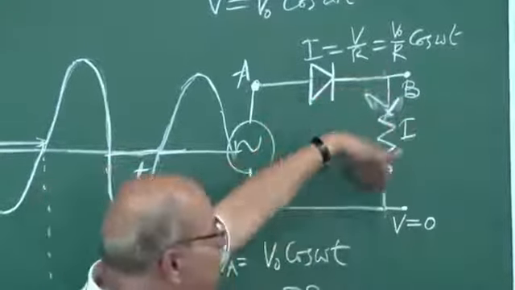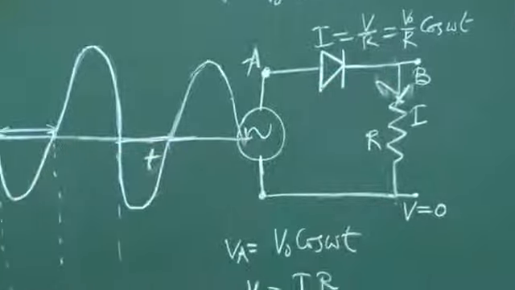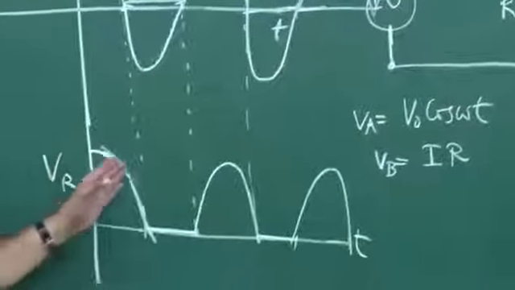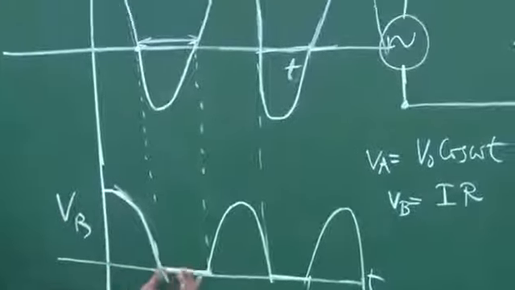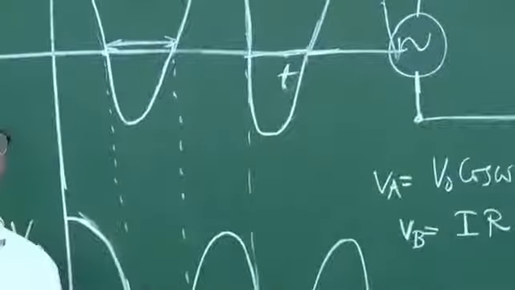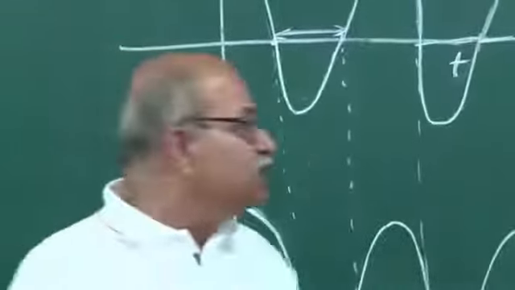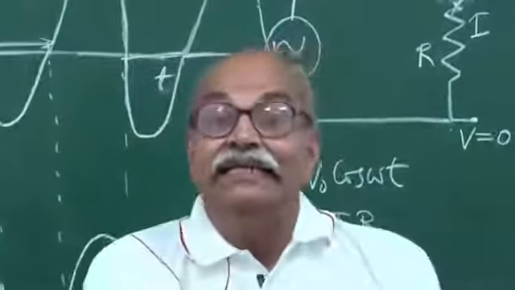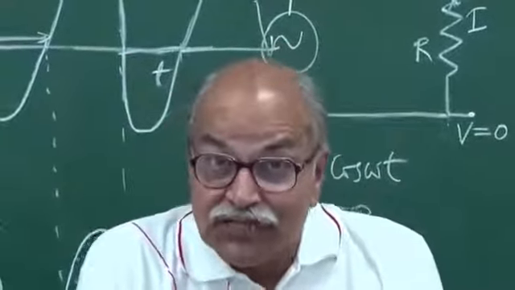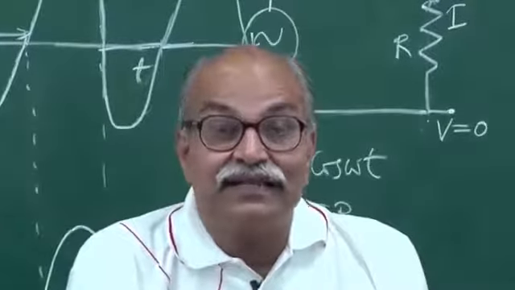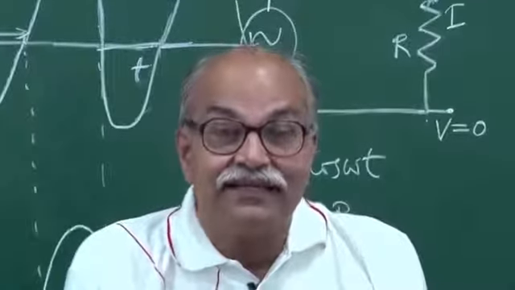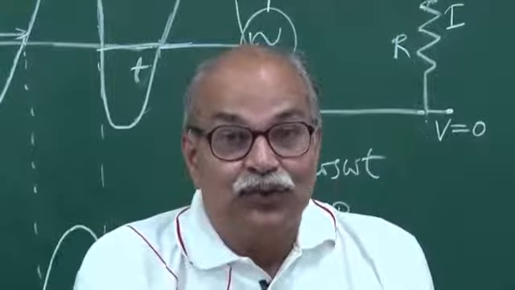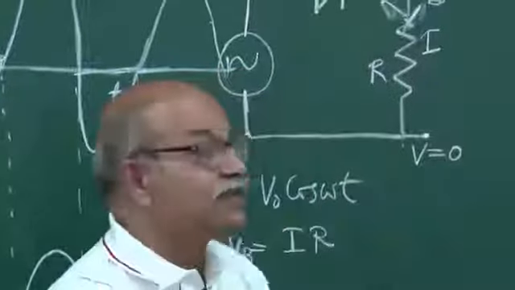Current only goes in one direction, and the other part is just 0. So the potential difference which appears across this is in fact DC voltage. It does not change direction. It's a direct current source. This has become a direct current source.